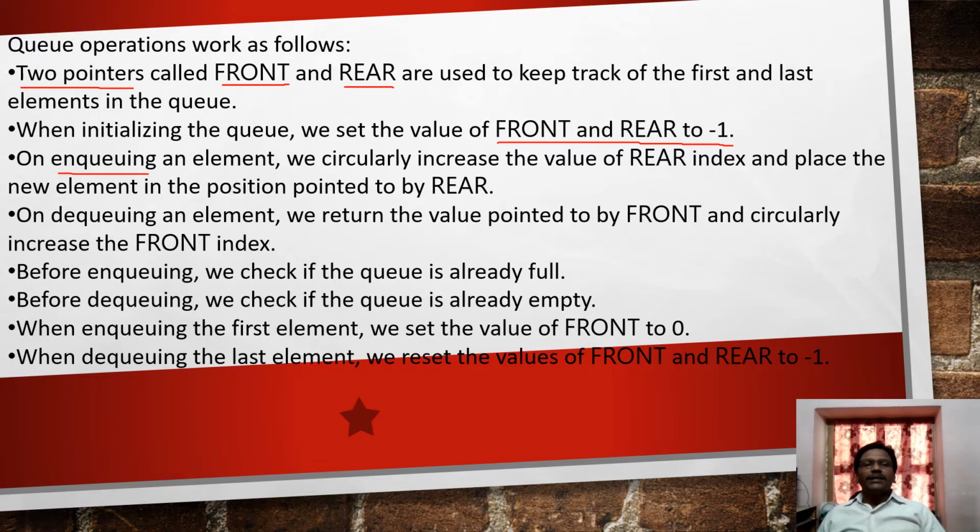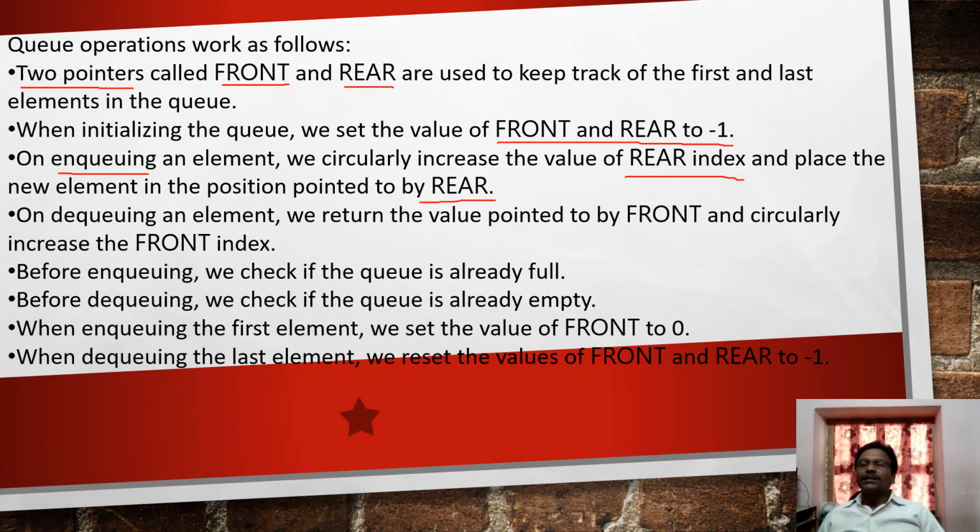Enqueuing an element means inserting an element: with circular increment, increase the value of the rear index. It is also the same in a normal queue. When you try to insert, increase the rear index and place the new element at the position pointed to by the rear.